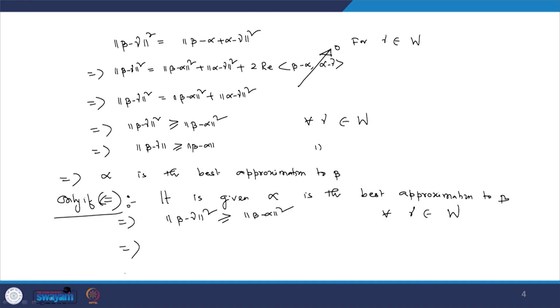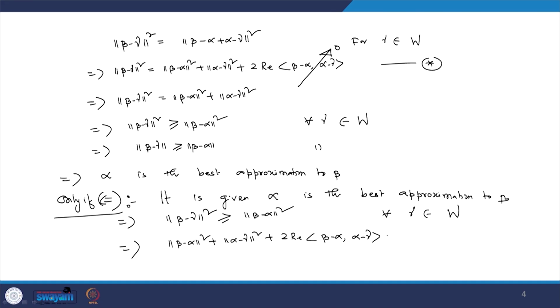We know, according to star, we have norm of beta minus alpha whole square plus norm of alpha minus gamma whole square plus 2 times the real inner product of beta minus alpha and alpha minus gamma.